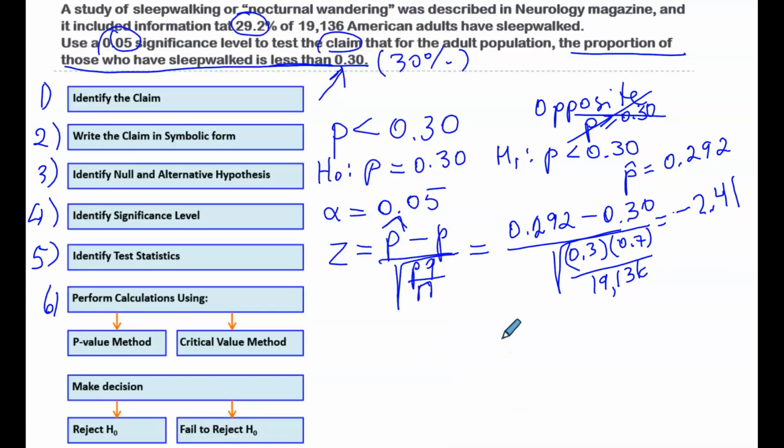Let's do it here. We have 29.2%. So we want to know what is 29.2% out of 19,136. And let's write 29.2% as a decimal. Move decimal point 2 times to the left. Use the calculator.